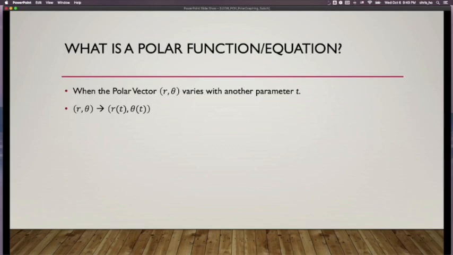And what makes a polar function is when the direction theta varies with time, as well as the length of the beam, the length of the vector r also varies with time. When they vary with the parameter t, that would make it a time-varying polar vector, which would trace out a function.